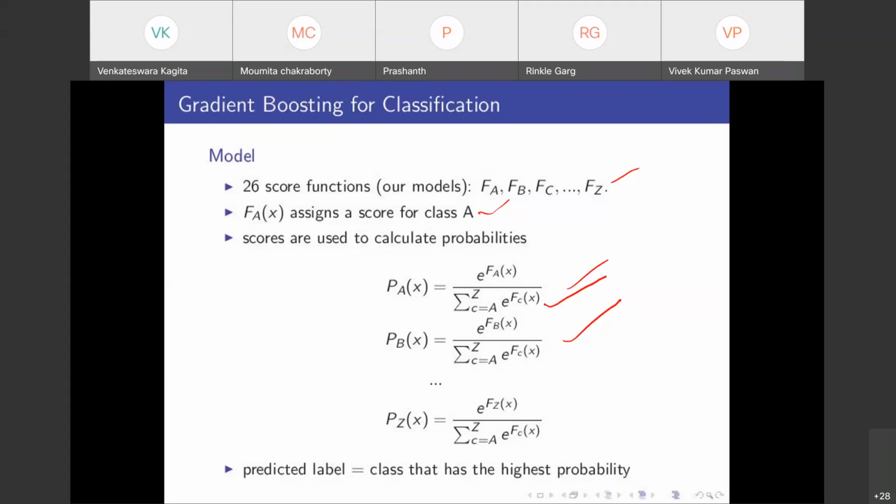The class with the highest probability is the predicted label. So very simple. It is like an extension of logistic regression to the multi-class classification problem. We are computing the probability for each and every class. Whichever class gets the highest probability, we assign that class label as the predicted label. So this is the model.